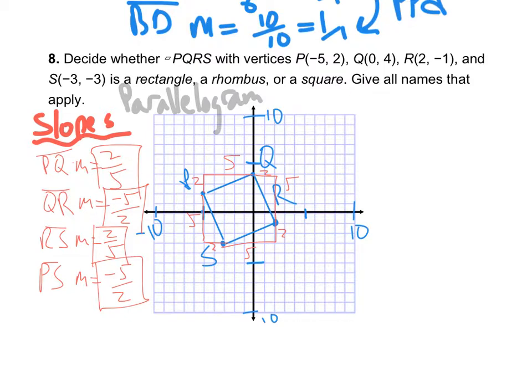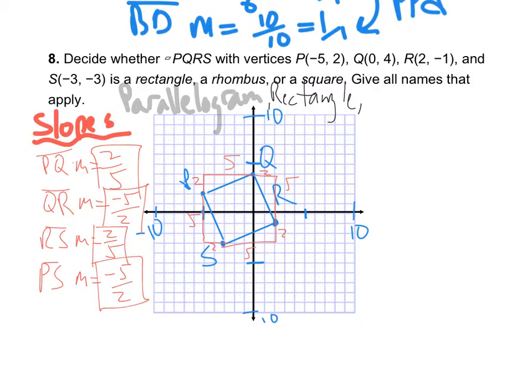Well, we also know that the consecutive sides have opposite reciprocal slopes. Notice that we've got a negative slope and a positive slope, and the fractions are flipped. That means it's also a rectangle. So we know it's a rectangle, and we know it's a parallelogram.